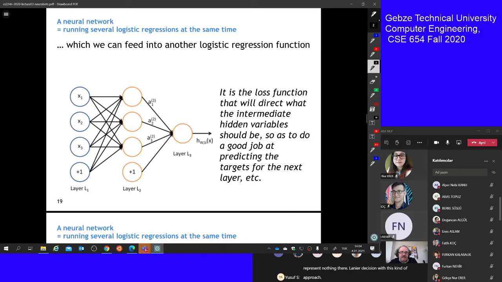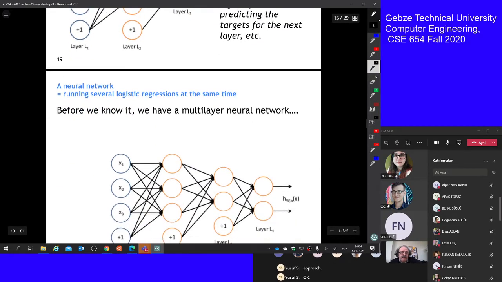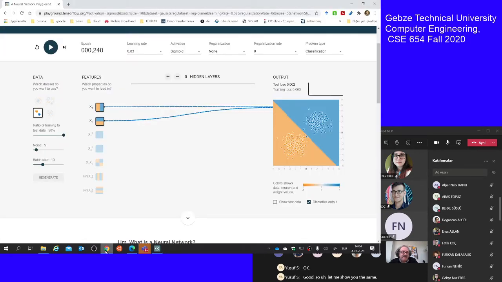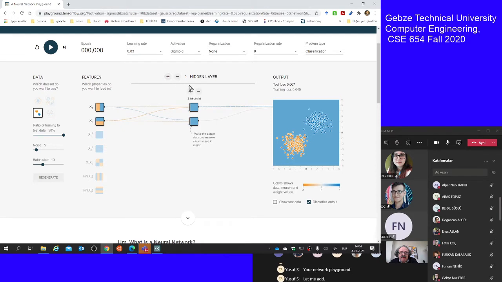Okay, good. So let me show you the same idea with Google's neural network playground. Let me add three neurons to my intermediate layer.